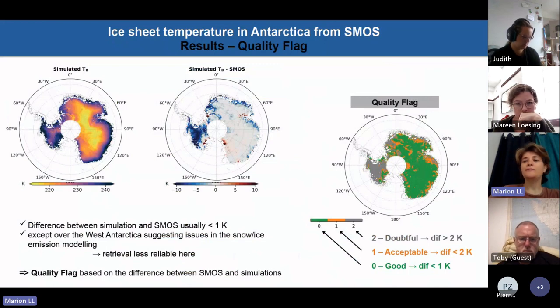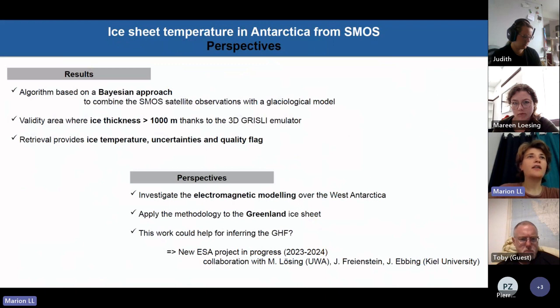Just to summarize, we have an algorithm based on the Bayesian approach to combine smooth observation and a glaciological model. We are able to run it over the validity area where ice thickness is higher than 1,000 meters, using the new 3-dimensional emulator.